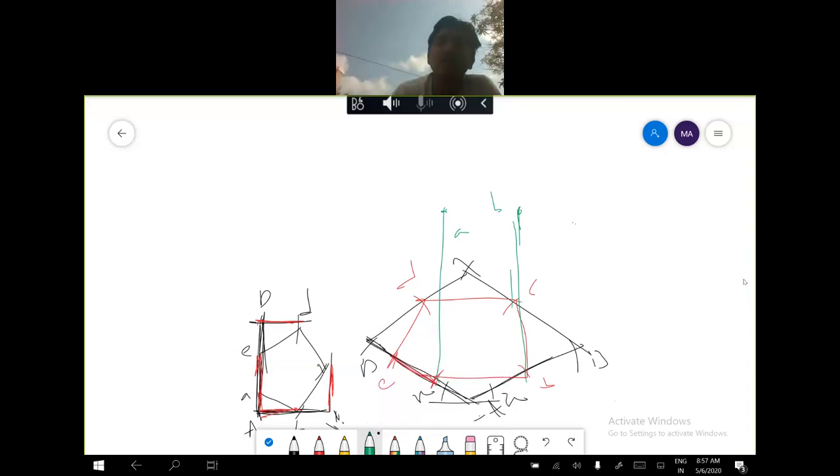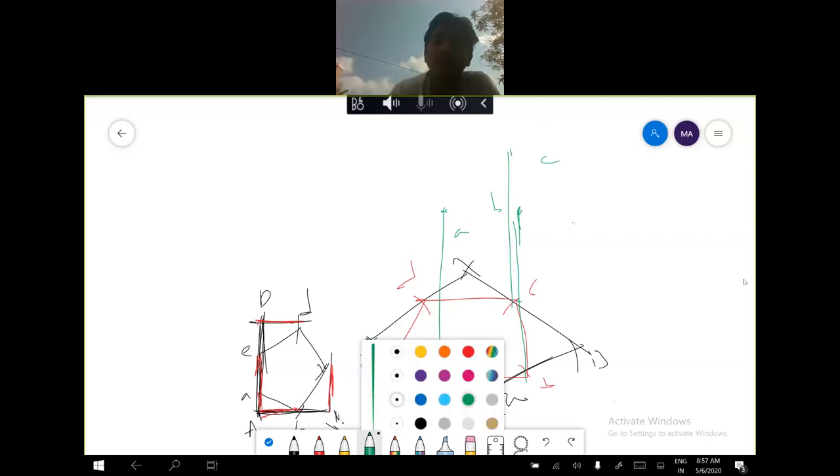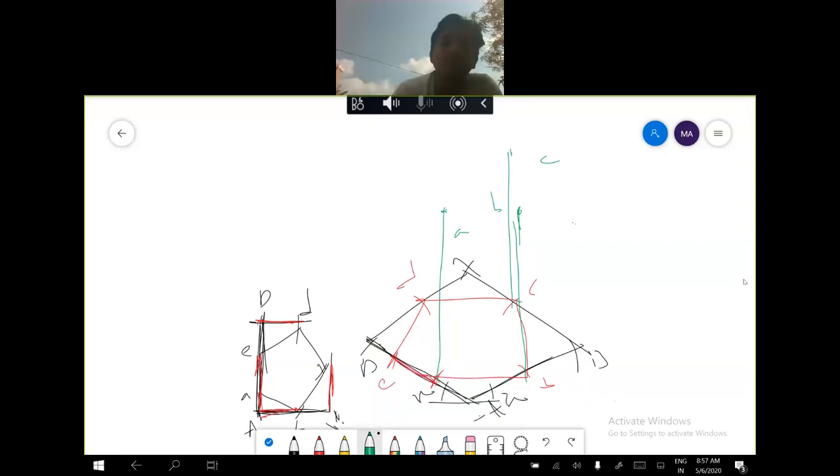Extending this point here, I am getting C point. I will get a C point here. I am extending this point here. I will get an E point. I am extending this point here. I will get a D point.